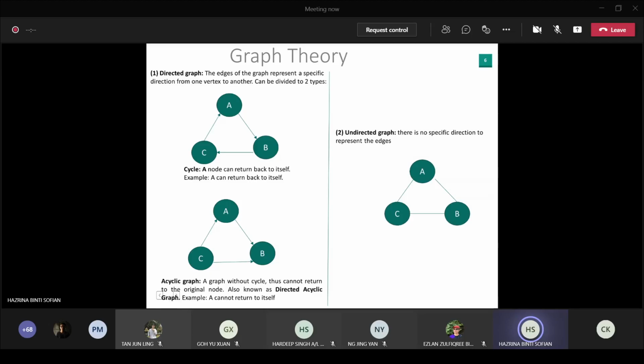So what do you think? What kind of problem do you think uses the directed cycle? Loop. Okay, yeah.